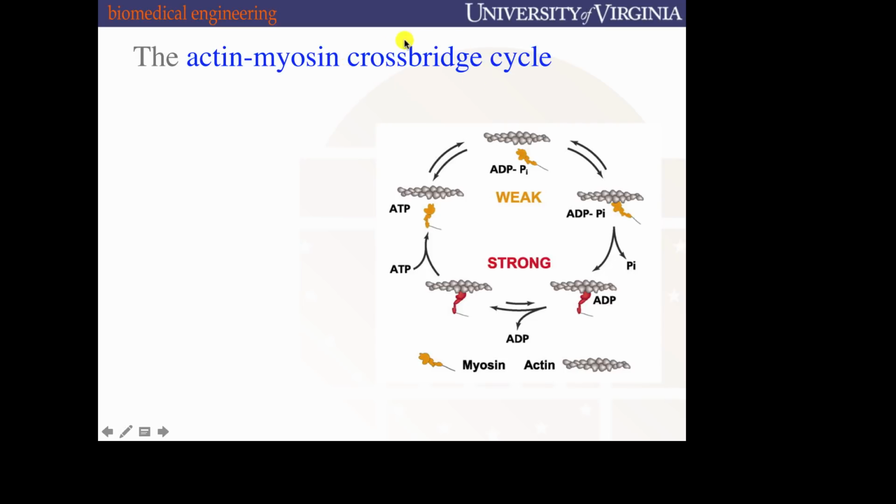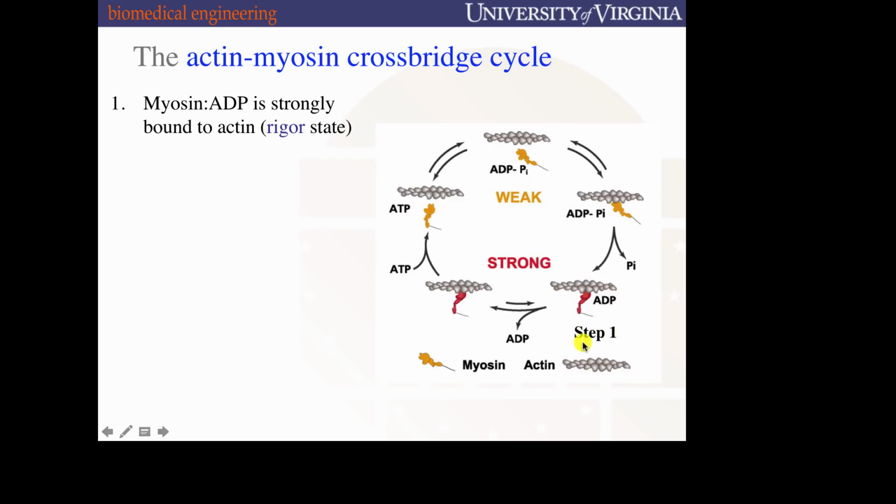So remember that crossbridge is that region with which myosin is capable of interacting with actin. This cycle refers to the conformational changes that myosin head domain undergoes in order to generate steps or walking or force.